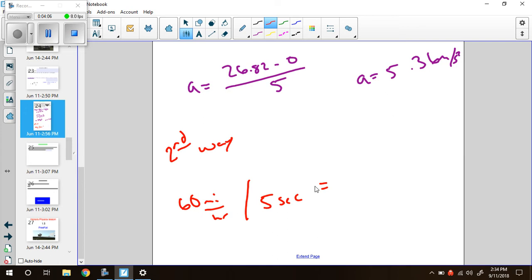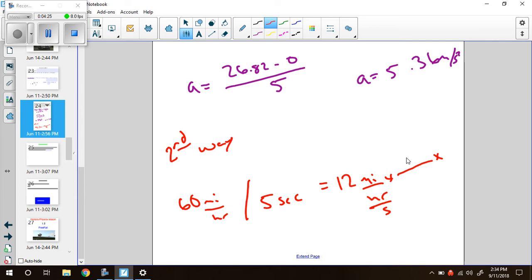I don't know why I was thinking 8. That was dumb. Sorry, I apologize. 12 miles per hour, and this is the tricky part, per second, right? Miles per hour, and then divide the whole thing by seconds. Then you would have to convert that the same way that we did over there.